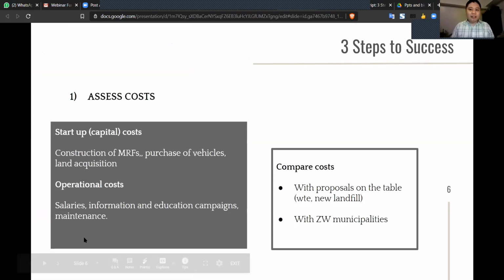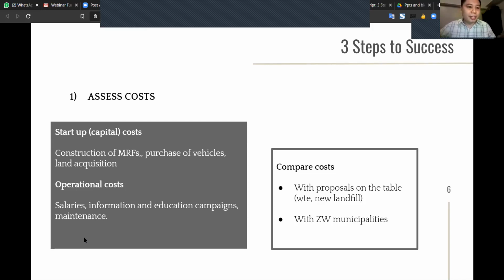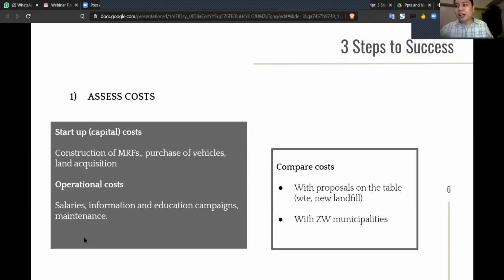Okay, so first, the first step is to assess the cost, and you'll see actually two components for this. First is the startup or capital cost. So these are mostly the infrastructure or the purchase of vehicles, land for building your own MRFs or recycling facilities. And then you also have your operational costs. So these are the expenses that you will incur, or the city will incur, usually annually.